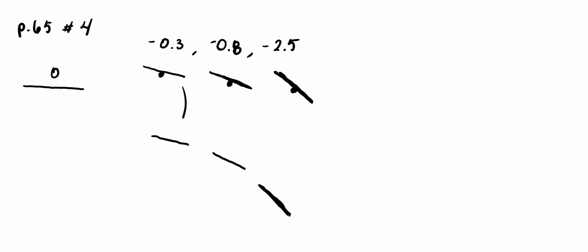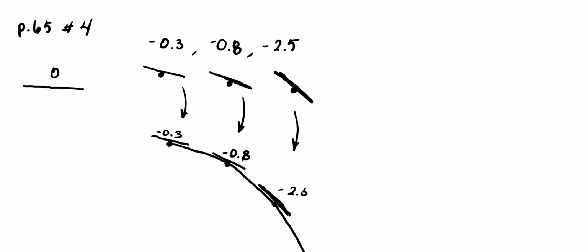I'm just matching that. And then underneath we have these points, and we join them to think about the curve that they illustrate. That looks like a curve that would make sense. We first have a slope of negative 0.3, then negative 0.8, and then negative 2.5.